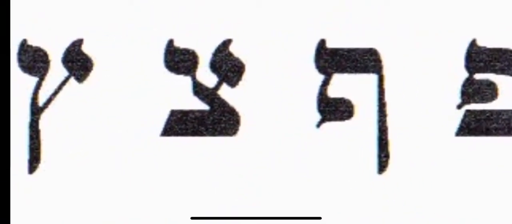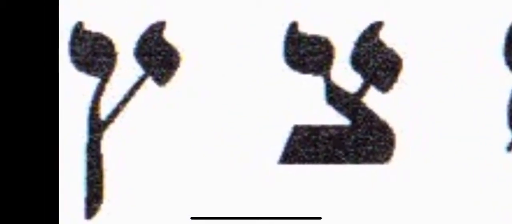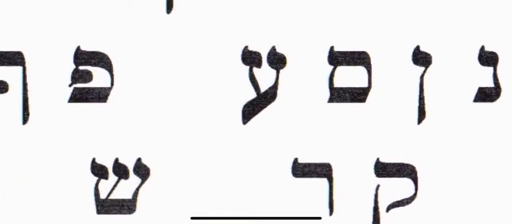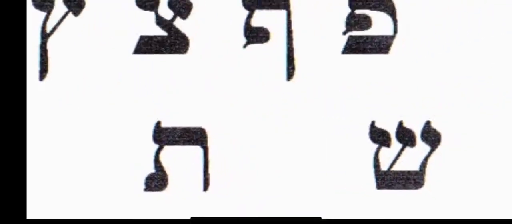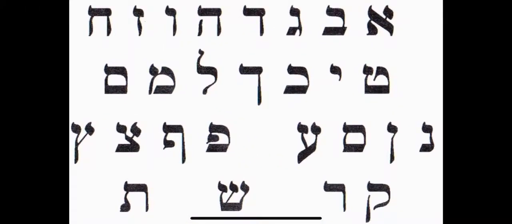Taza, and the final form of Taza. Then we got Kwa, Ra, Sha, and Tha. We're going to go over all of these letters and the final forms of these letters.